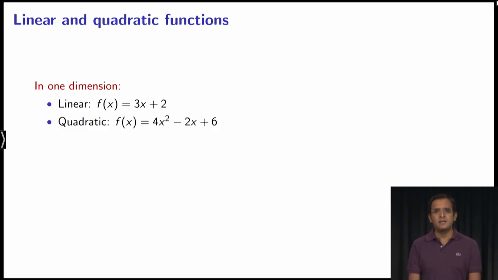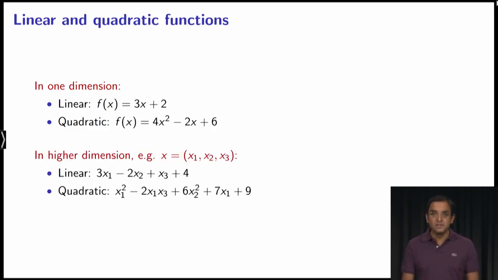But what about in higher dimension? Let's say we're in 3 dimensions, for instance. In this case, a linear function is a sum of a bunch of terms, and each term is either a constant, like 4, or is just a multiple of one of the variables. So we end up with something like 3x1 minus 2x2 plus x3 plus 4.